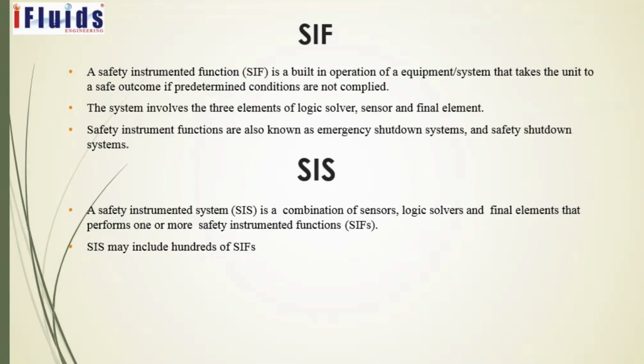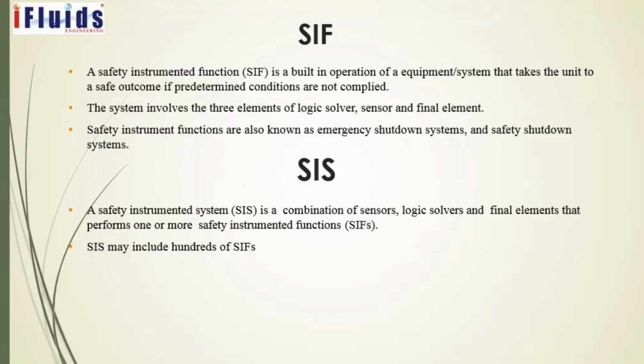Now, SIL assessment. SIL is safety integrity level, as we already discussed, and SIF and SIS are the systems on which we are going to do the assessment. What is SIF and what is SIS? A safety instrumented function, SIF, is a built-in operation of an equipment or system that takes the unit to a safe outcome if predetermined conditions are not complied with. It is clear, I think. So what is the predetermined condition?